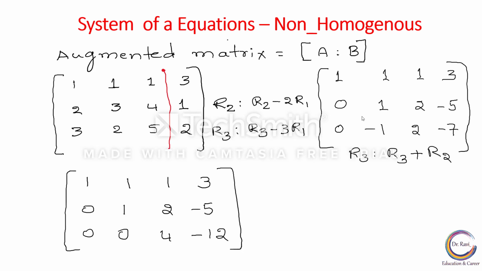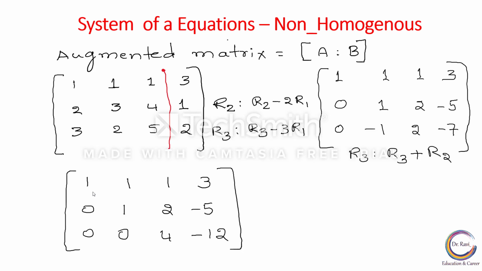Next we will try to make the second element 0 with a suitable operation. Here we go for the operation R3 is R3 plus R2. Then we get the matrix as 1, 1, 1, 3, no change; the second row also has no change; and the third row is 0, 0, 4, minus 12.